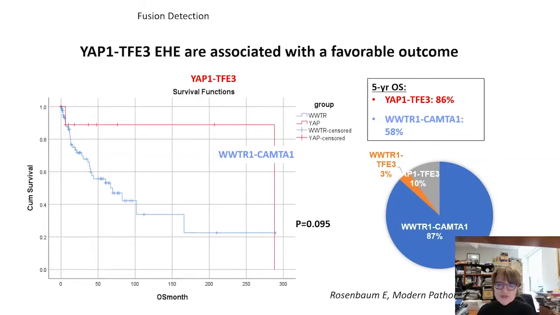YAP1-TFE3 follows a more indolent outcome, and here you can see this Kaplan-Meier curve in comparison with the more frequent WWTR1-CAMTA1 fusion, the 5-year overall survival being 86% for YAP1-TFE3, while the 5-year survival for WWTR1-CAMTA1 is 58%.